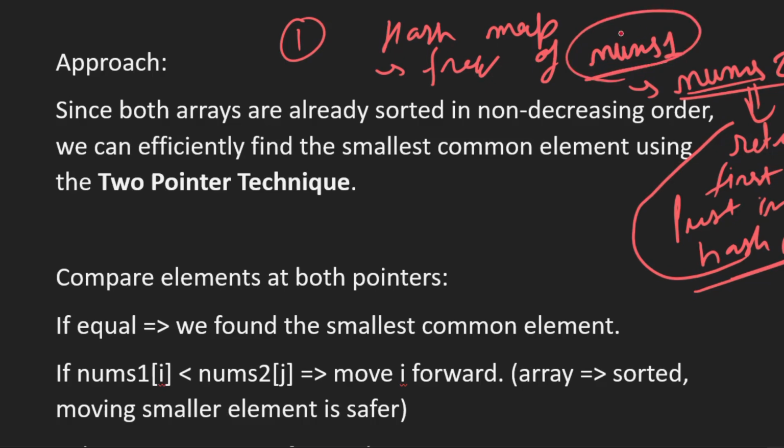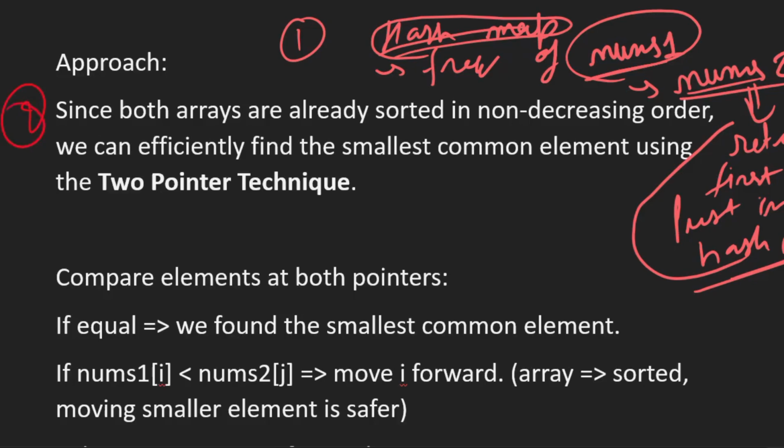That element is present in both nums1 and nums2, so that will be our answer. So this is approach 1. But here, if you see, we have to use extra space for storing the frequencies in the hash map. So we won't be using that.